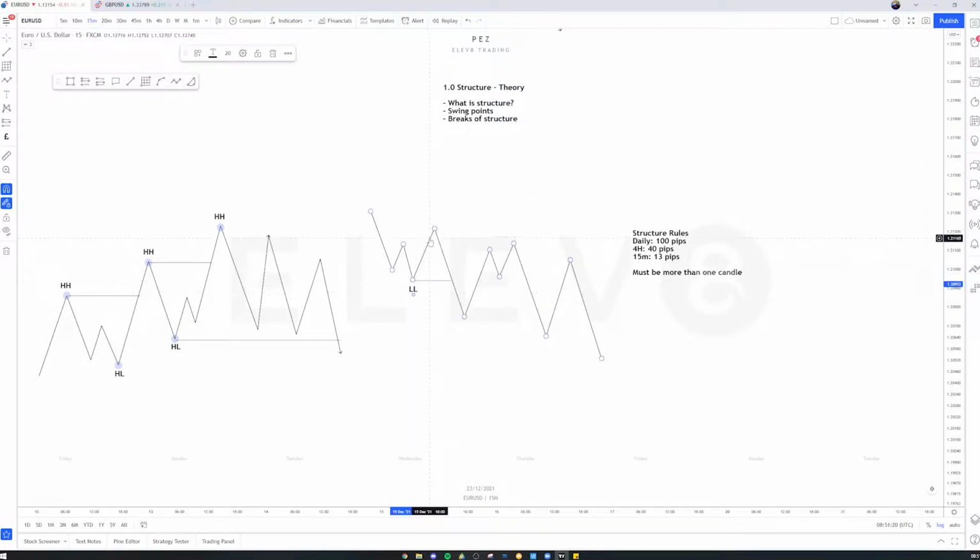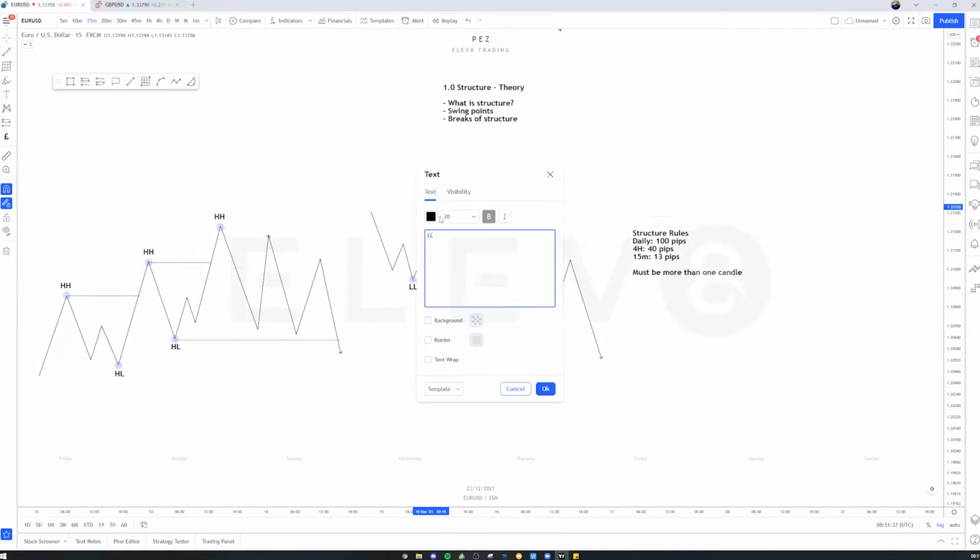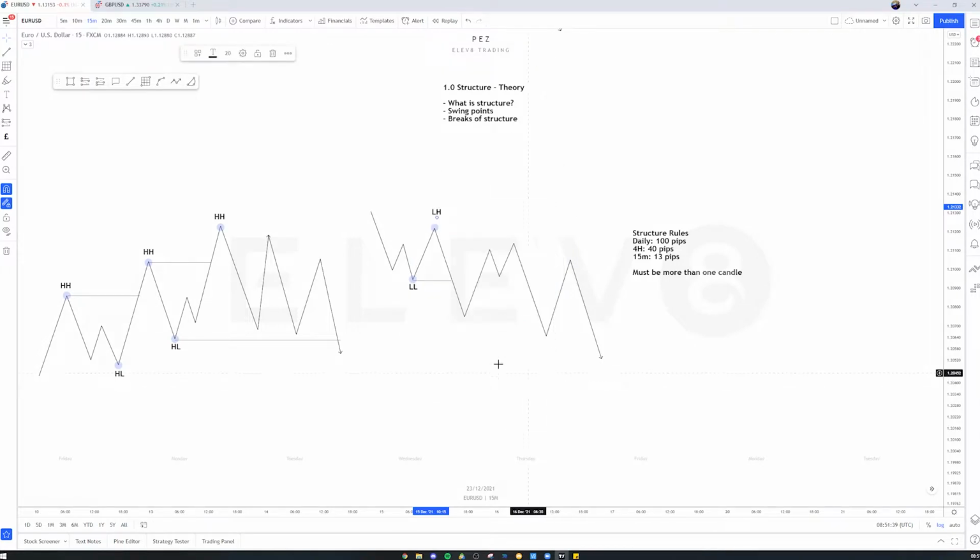Then we pull back up into here, and we have a break of structure, breaking this lower low. We mark on the swing point, and then the high that broke this low is our lower high. Then we come here, pull back, creating a lower low, and we pull back into here, and we have a break of structure again.